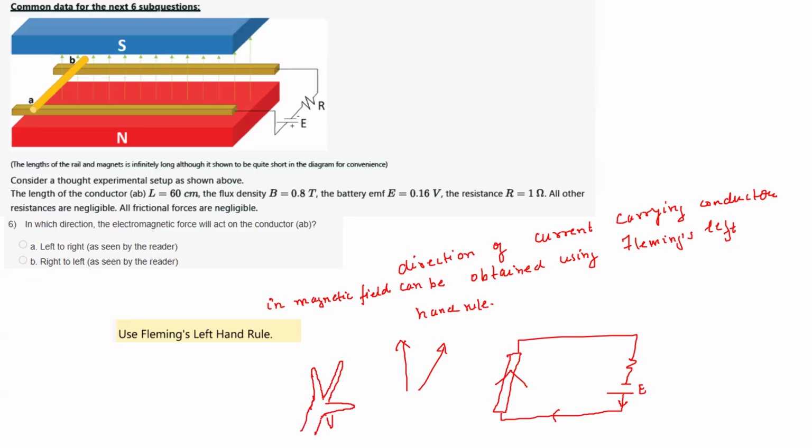Okay, these are the other fingers which are down like this. So this is the direction of motion, thumb. This is the magnetic field direction, and this is the direction of current.